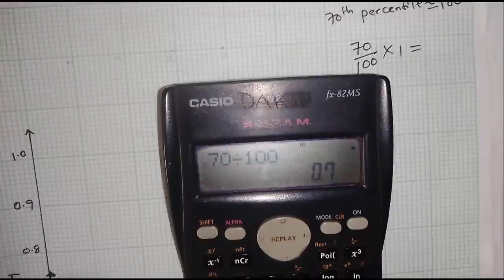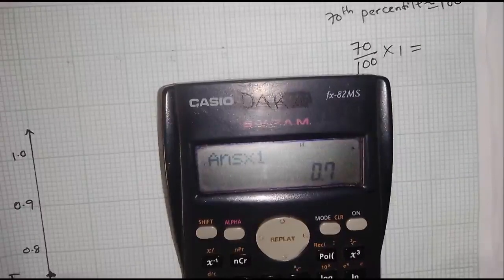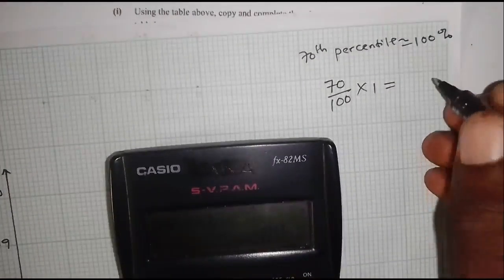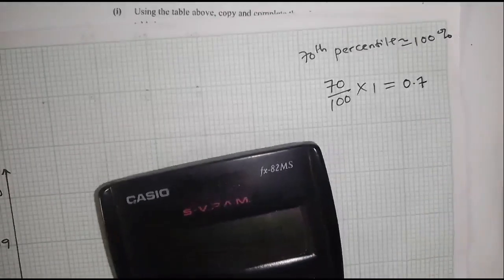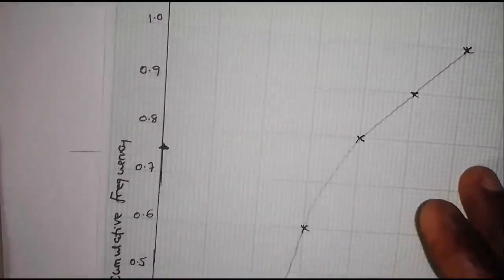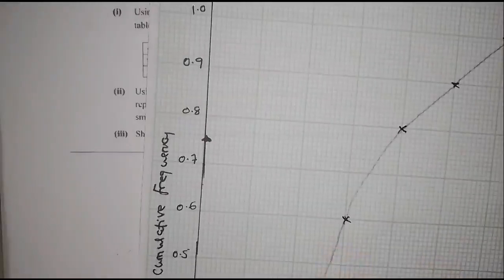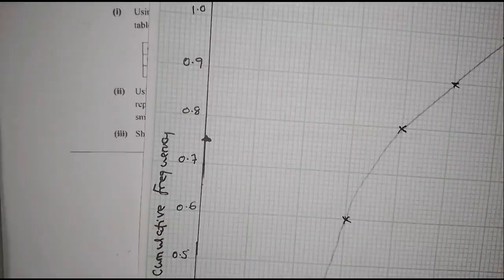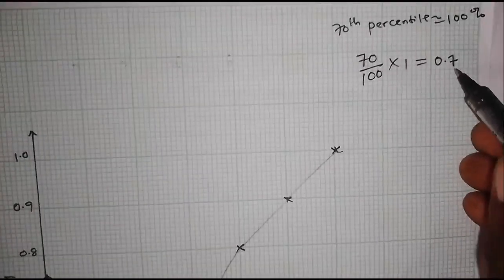And then multiply by that 1, so anything multiplied by 1 is just the same number. So there you write 0.7. Now this 0.7, you go on your left vertical axis where it says relative cumulative frequency.